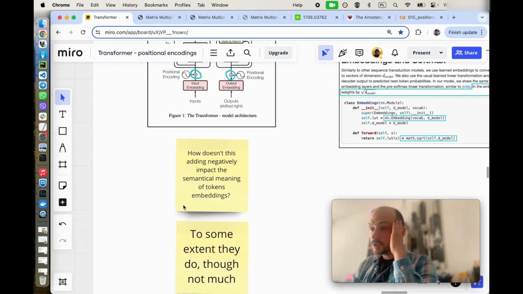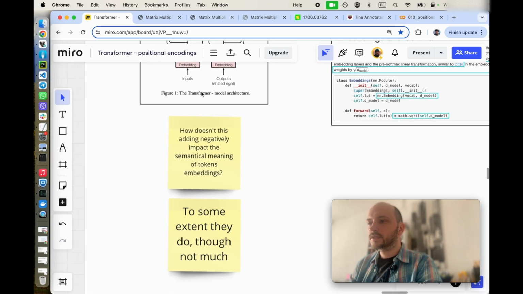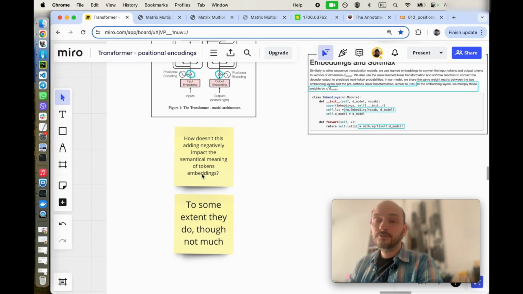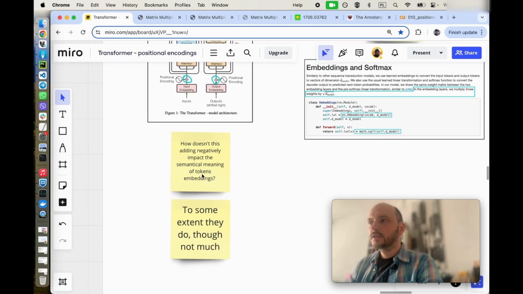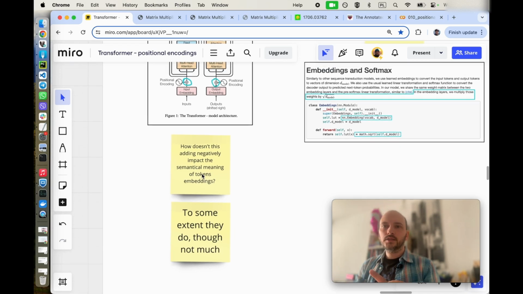My question was, okay, how doesn't it impact the semantical meaning of the tokens? How doesn't it harm the learned embeddings? And in reality, they have some impact, but not as high as I expected. Because my initial thought was, okay, we have embeddings from -1 to 1 and encodings from -1 to 1.